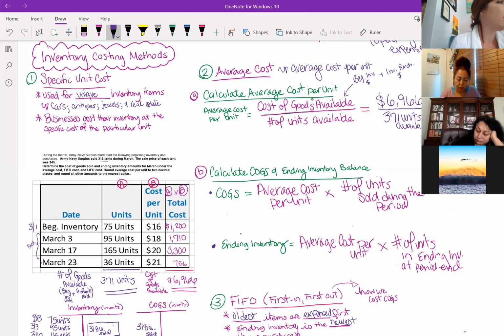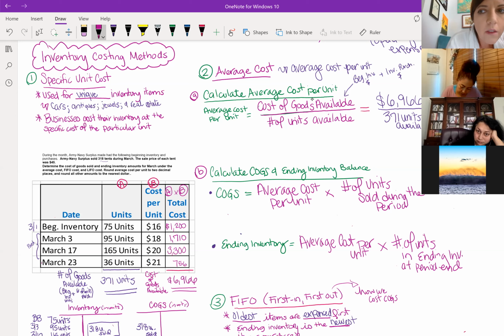We're only using the average cost per unit for the average cost method. And something to think about with the average cost is that the average cost per unit you calculate should be between, in this case, $16 per unit and $21 per unit.